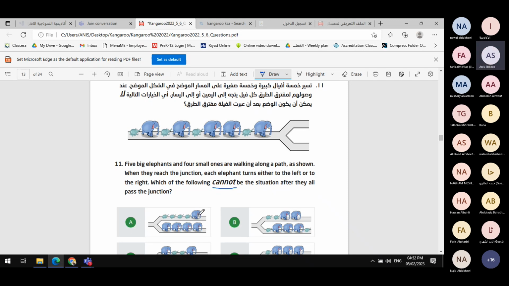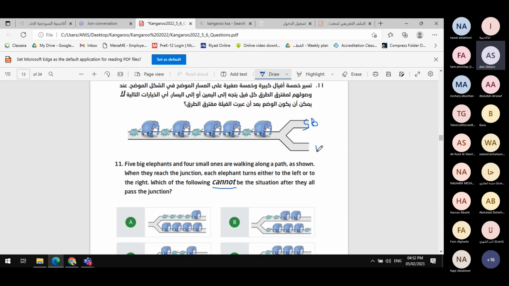As you can see, we have one big elephant up and the rest are small, and I have four big elephants down. So simply go: one big elephant up, I will denote it by B, and one small elephant. To continue this pattern in A, we do it also up. This one must go down.